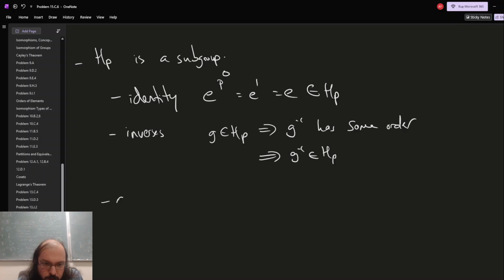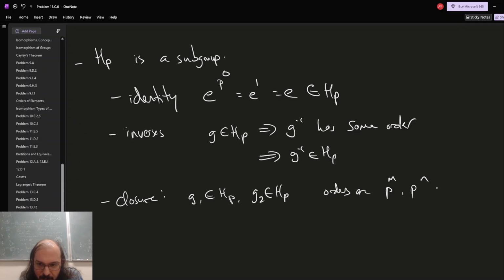The only one that's non-trivial is closure. And so for that, let's say we have a g1 and a g2 in H_P, and let's say that the orders are p to the m and p to the n, respectively. Then I'll write k for the max of m and n, just because it makes the notation a little bit cleaner.